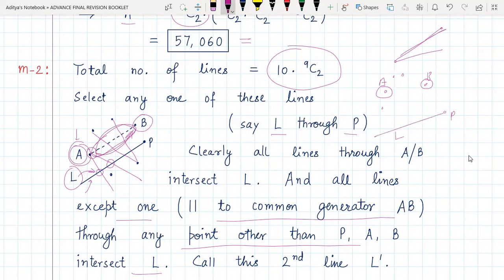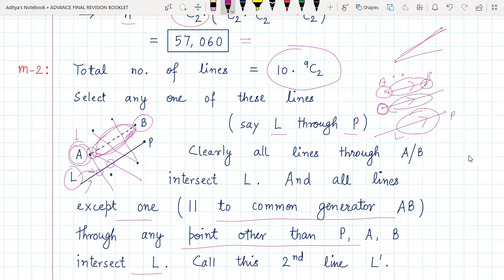Which one would that be? I'll tell you, look, this generator line, obviously it is parallel to this, and this point, so many lines will pass through this point also, right? But from this point there will also be a line which is parallel to this generator line. So these two are going to be parallel, they will never intersect.